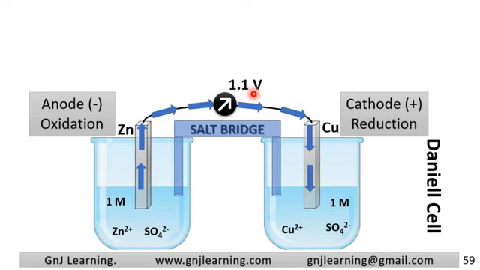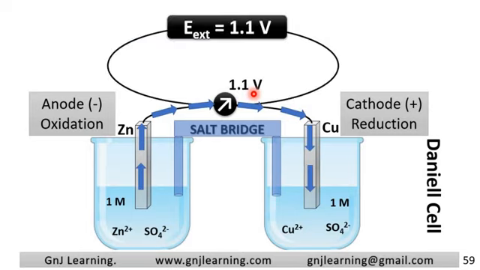Now I am going to connect an external potential. This external potential source will supply a potential to the anode, that is, to the zinc.